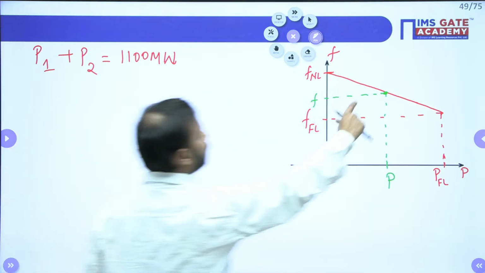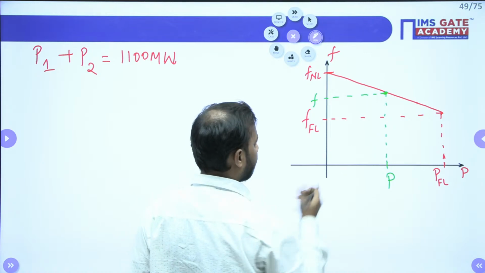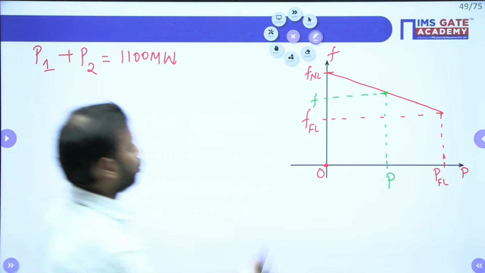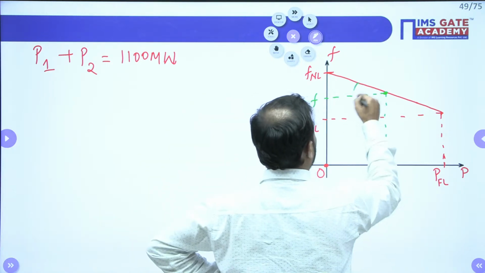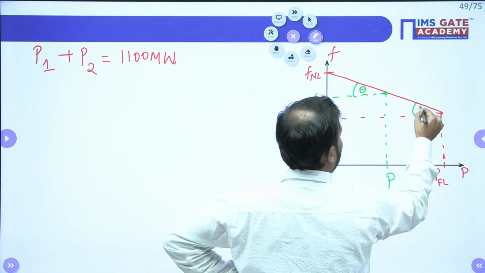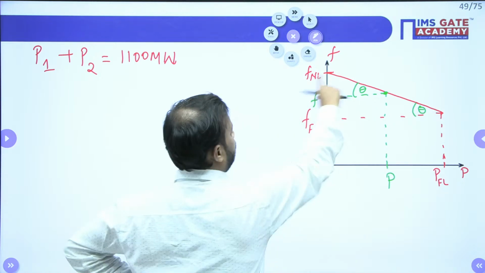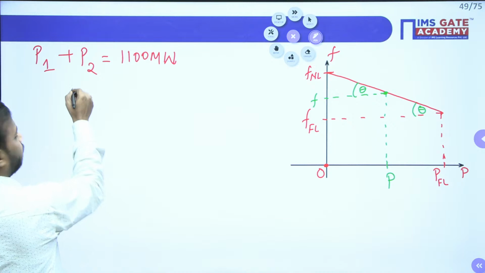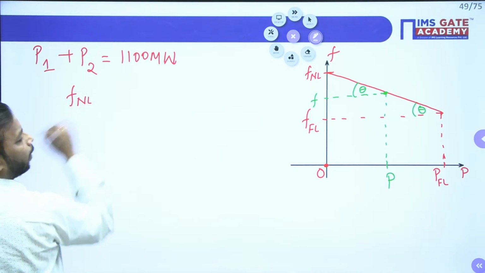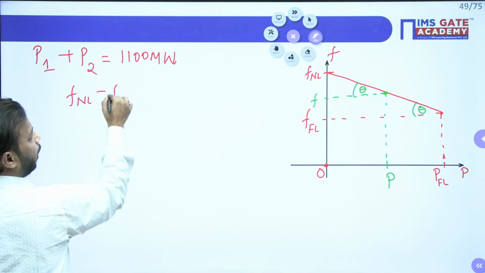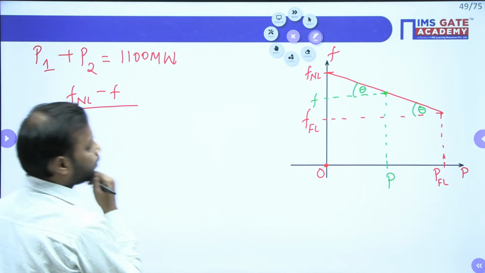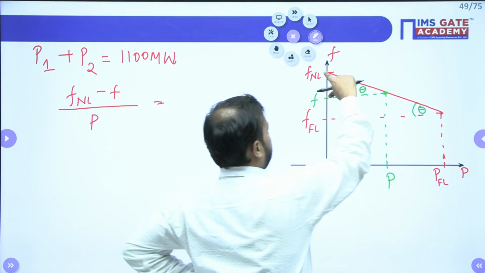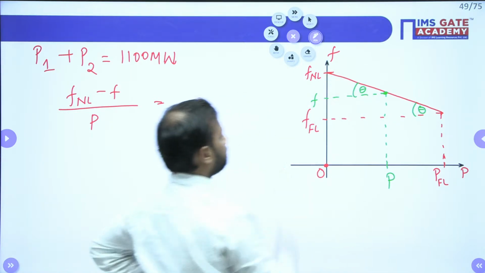So how to find this value? This point is 0. So see, this angle is theta and this angle is also theta. So tan theta is what basically? Tan theta, can I say, FNL minus F whole divided by P, perpendicular divided by base.